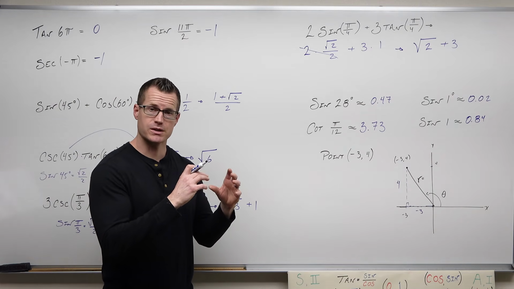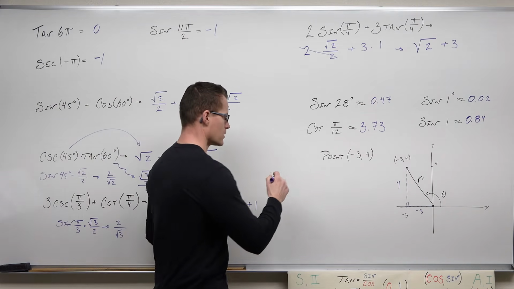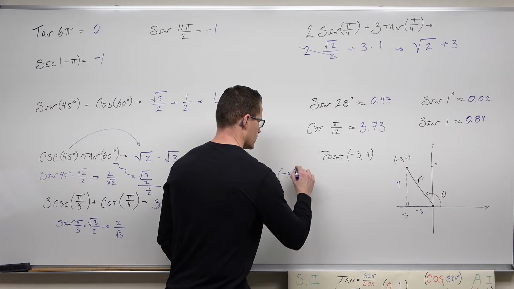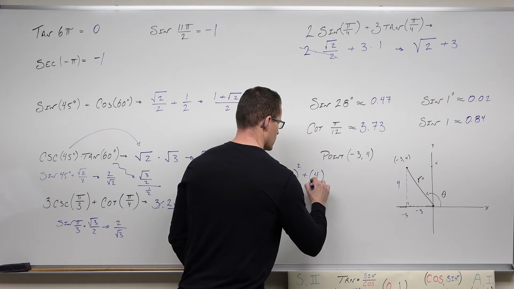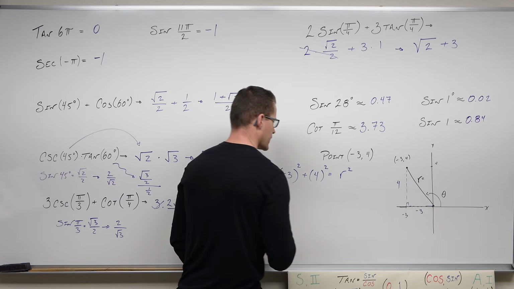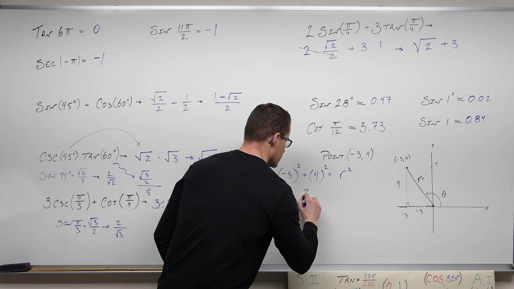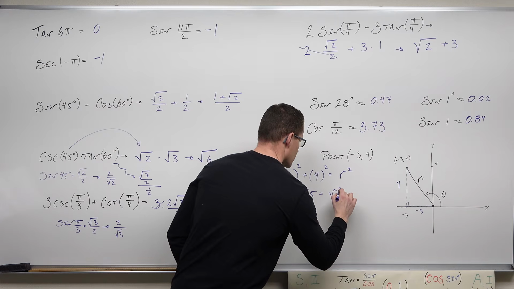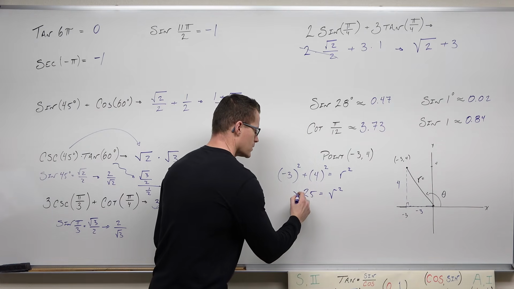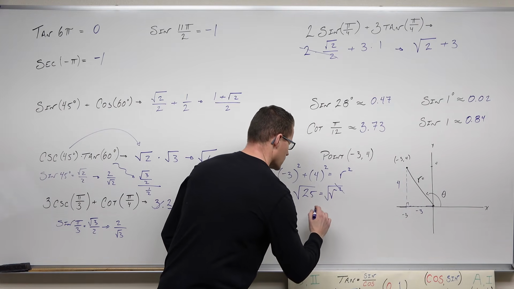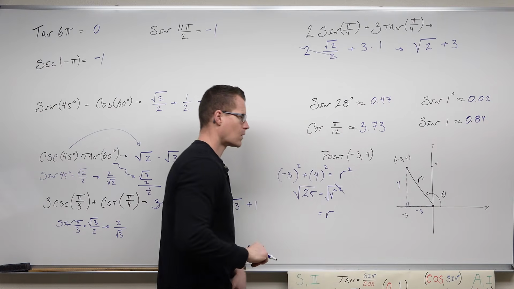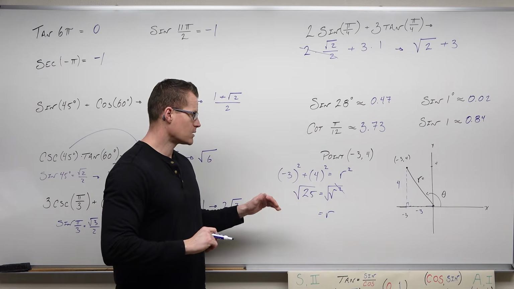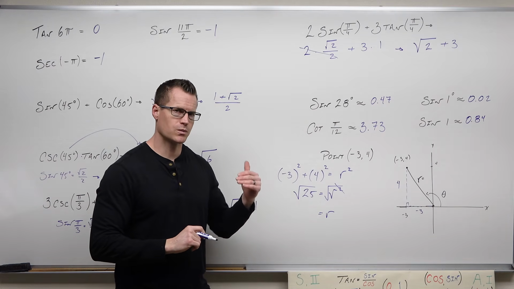So leg squared plus leg squared equals the hypotenuse squared. That's going to be 25. If you take a square root, r equals, by rights, plus and minus 5, because you took a square root of both sides.